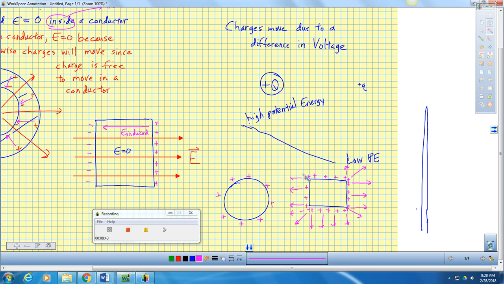But if I want to look at keeping this an equipotential, we learned that the spacing between the lines has something to do with the field strength, but also that equipotential lines are always perpendicular to electric field lines. So my equipotential lines would look a lot like this.